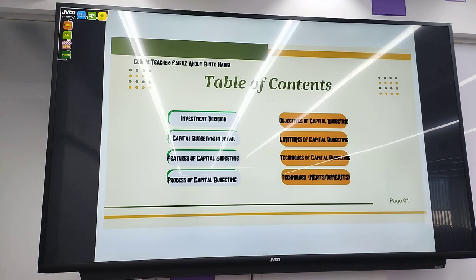Capital budget is basically a long-term plan that outlines the financial demands of an investment, development, or a major purchase.